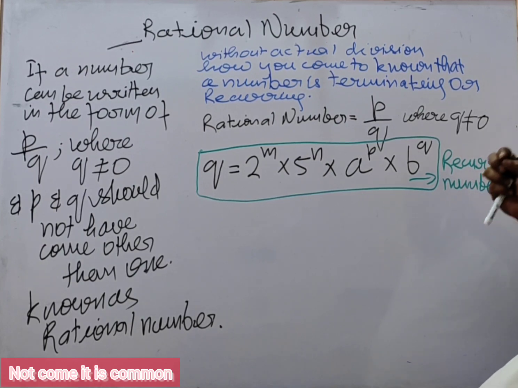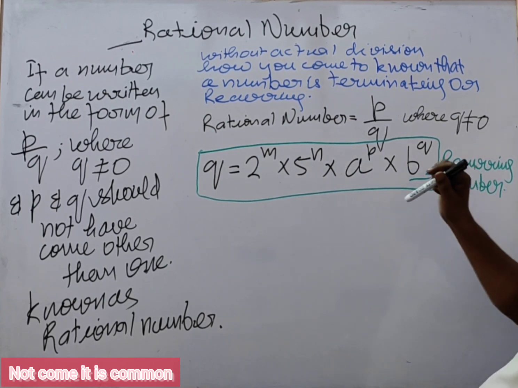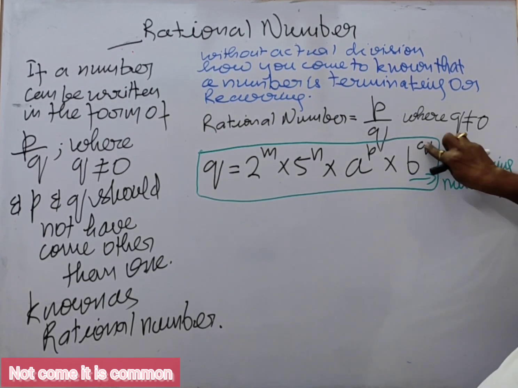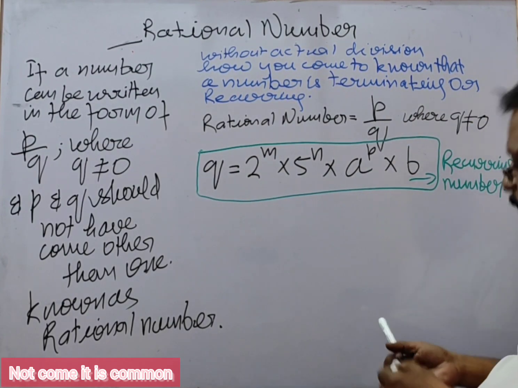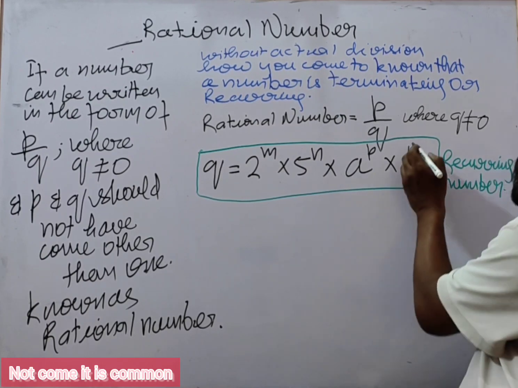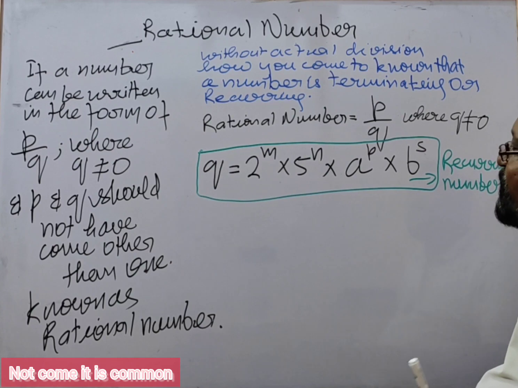Where I wrote equal p, I wrote a raised to the power p. Oh my God! No, no, not at all. Here q means the power is different. Okay, I take it back. You can say a raised to the power p and b raised to the power s. Is it okay now? Confusion is gone.